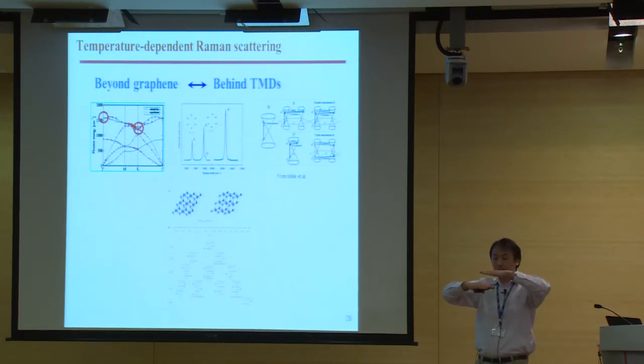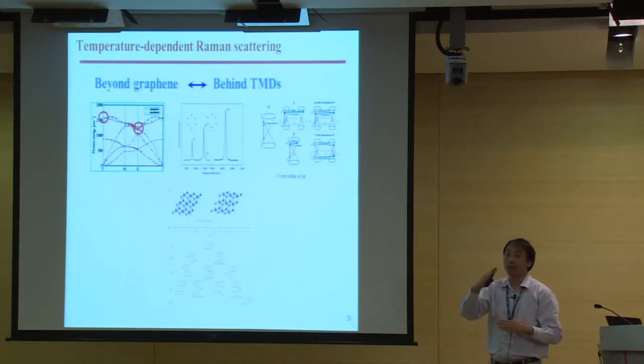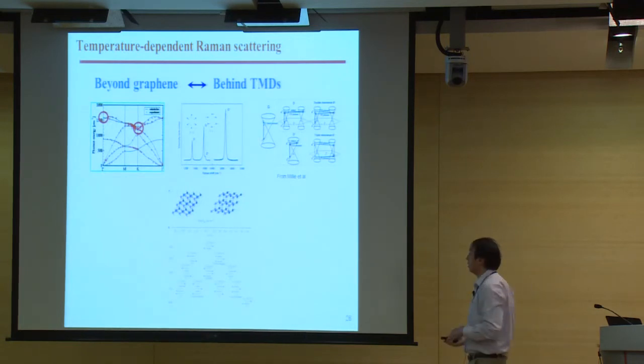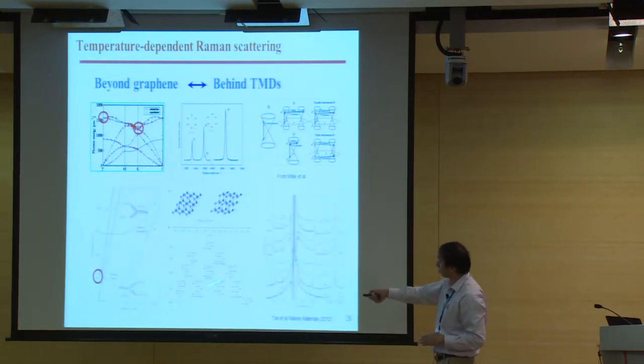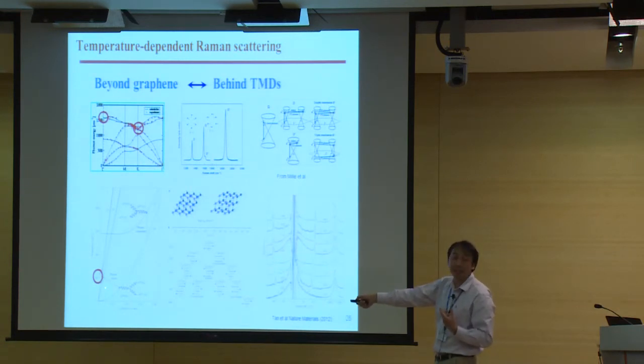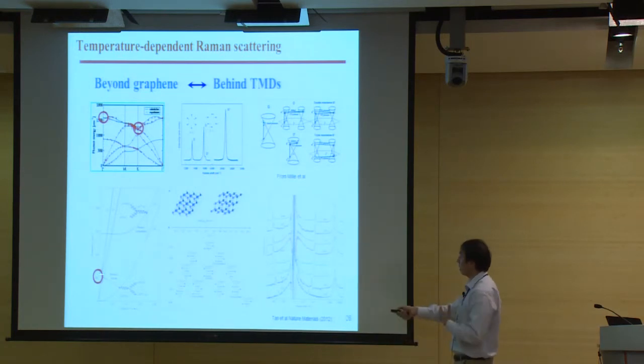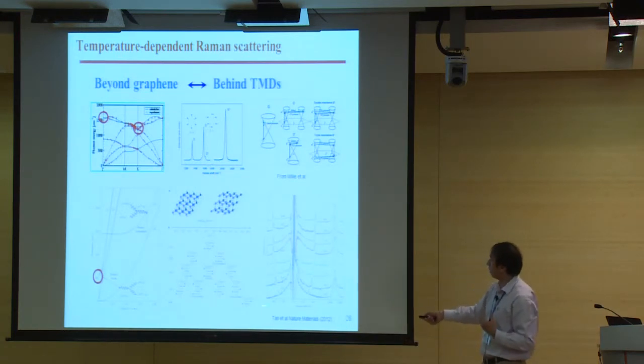So once you have a thicker one, the position of the C peak will change. This deals with the restoring force when you have thicker layers, as you can see here. If you look at the phonon dispersion, this shear mode or C peak right here is around 40 wave number. It's a pretty low energy vibration mode. And if you look at the spectrum here, it's not very clear.